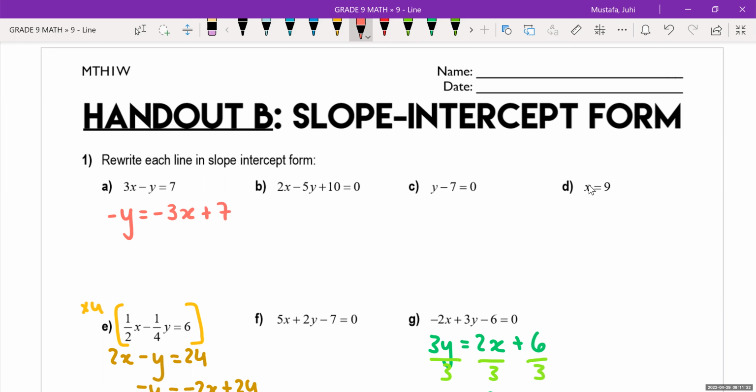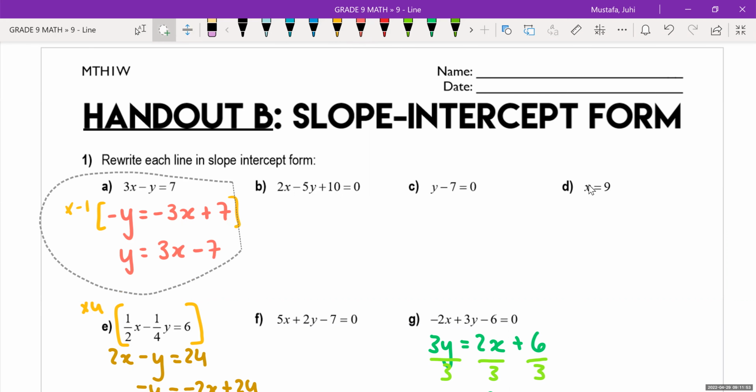And then in order for me to get rid of the negative 1, I can divide every single one of those numbers by negative 1, or I can multiply all of those numbers by negative 1. So either way works. Let's say I multiply everything by negative 1. I'm going to get y is equal to 3x minus 7. Did you guys get that as an answer?